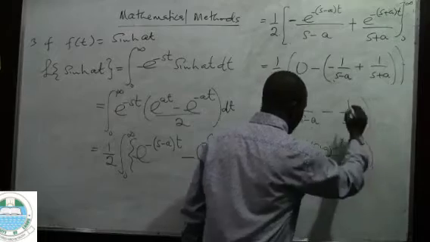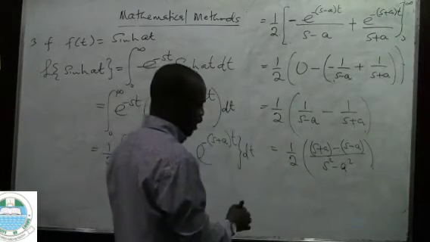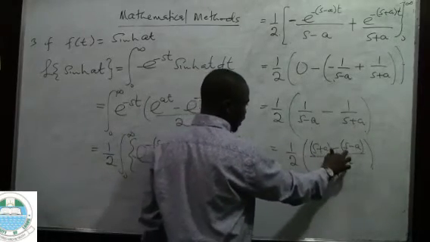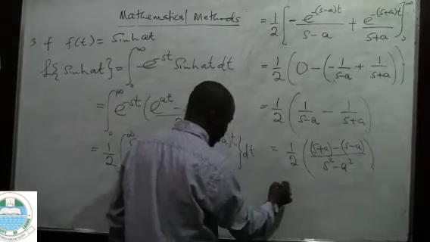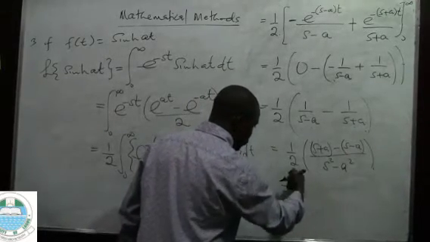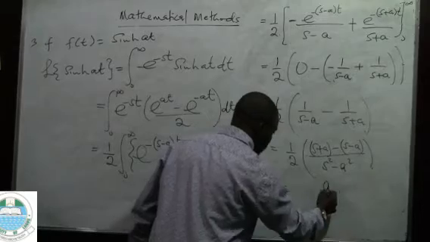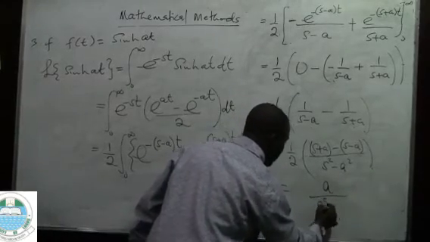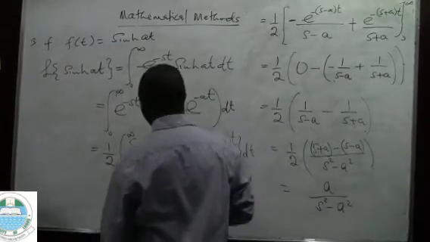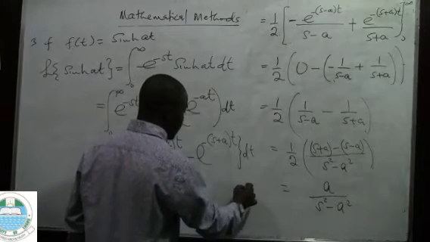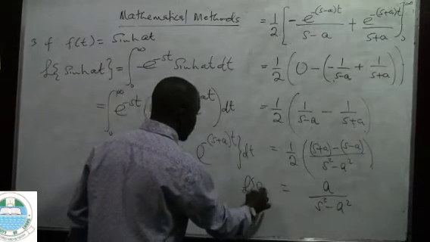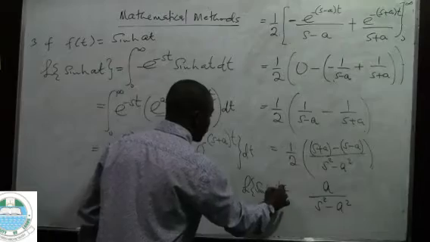Multiplied by 1, we have s minus a. With respect to what I have, if I open the bracket, s cancels out, then I have 2a at the numerator. So the 2 cancel out the 2 outside, then the final result becomes a divided by s squared minus a squared. And that is the Laplace of sine at.